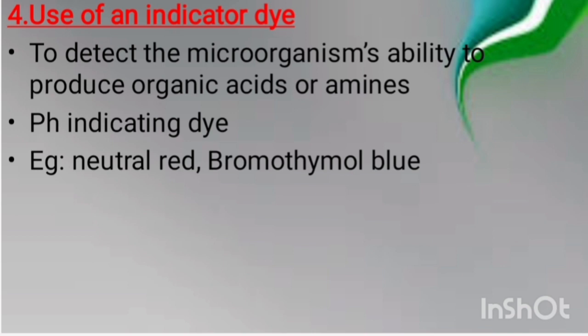The cells that produce organic acid or amine are subcultured. Then that colony requires further testing. It is not a confirmatory test. It is a primary screening, or the primary method to detect the production of organic acid or amines.